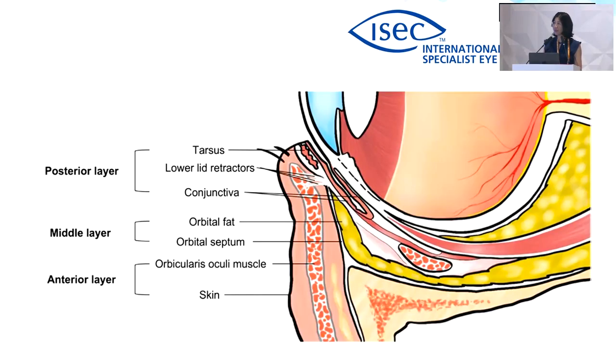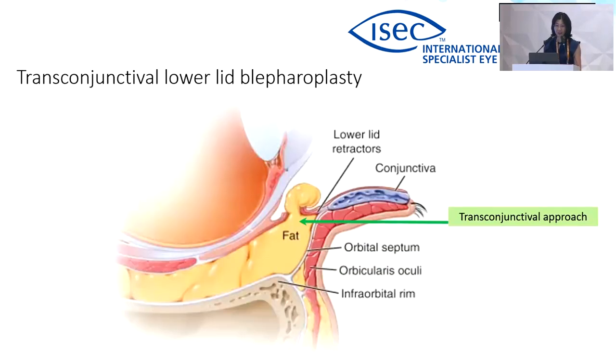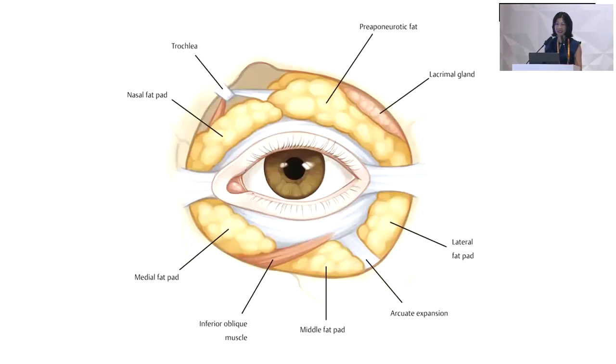So we're all very familiar with this picture from our training days. The lower eyelid consists of three separate layers, which is the anterior, middle, and the posterior layer. In transcutaneous lower eyelid blepharoplasty, the approach can either be through dissection through a skin flap approach or a skin muscle flap approach. While transconjunctival lower eyelid blepharoplasty is more direct, just by breaching the conjunctiva, we will encounter the fat compartment directly.